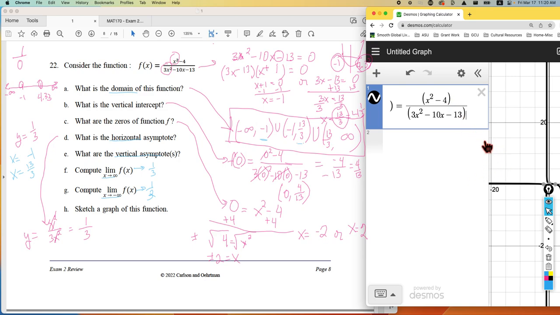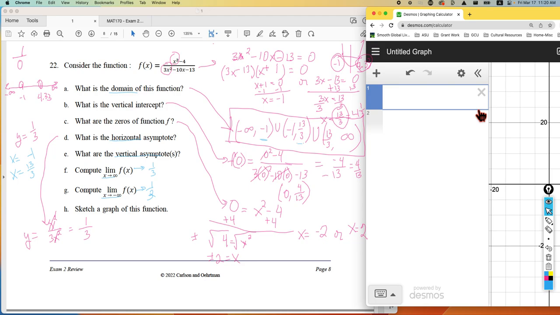Before I go too much further, oops, what happened there? Let's recover real quickly here. X squared minus 4 divided by 3x squared minus 10x minus 13.